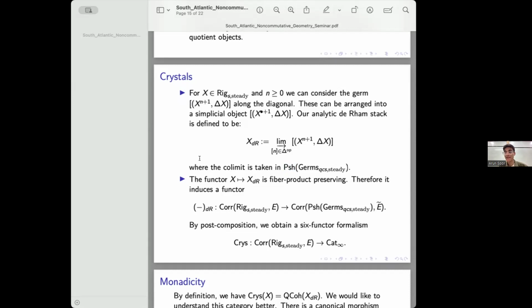And then there's the diagonal ideal there, and you can form a pro object by dividing by the powers of this. And the thing that you get computes infinitesimal cohomology of the de Rham, if you want. So is this in analogy to the idea of the de Rham stack?